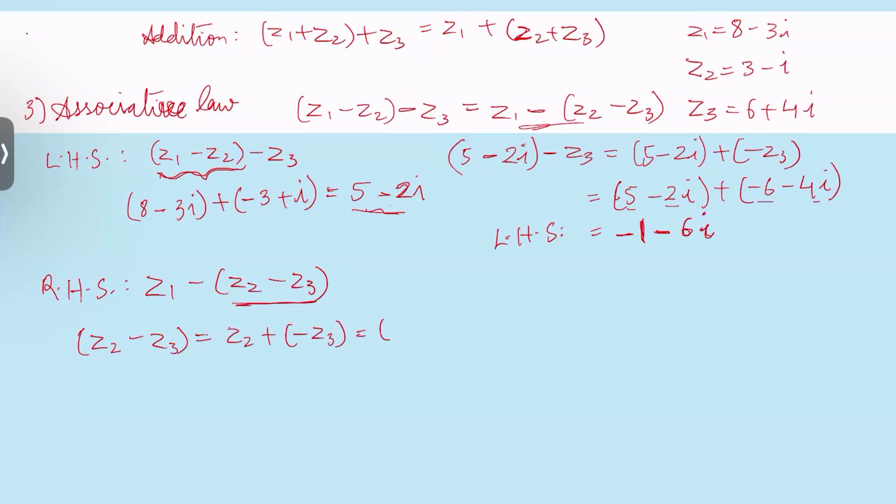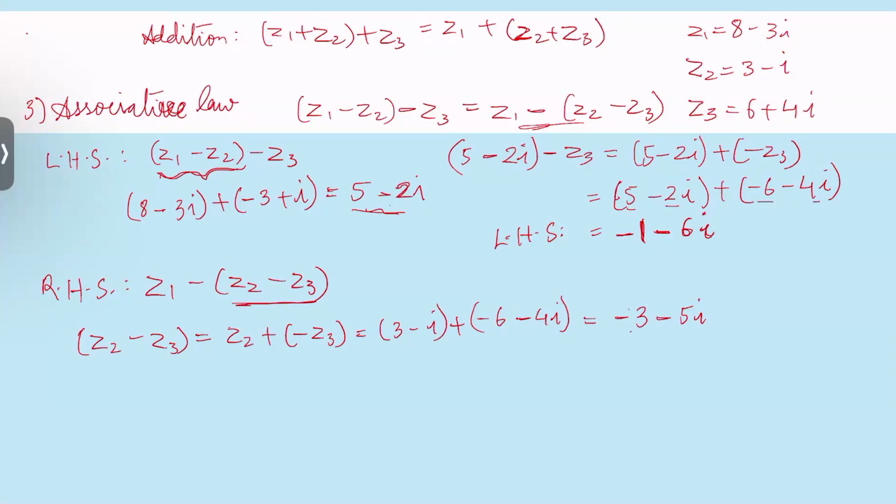Z2 is 3 minus i, plus, you change the sign for Z3, minus 6 minus 4i. So what you are left with is minus 3 minus 5i.